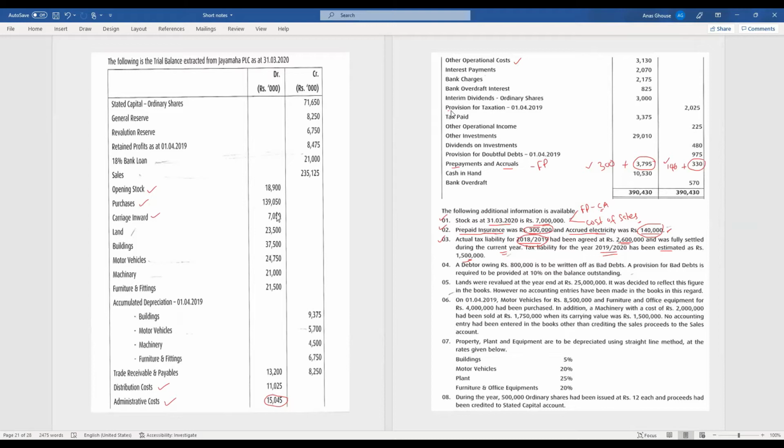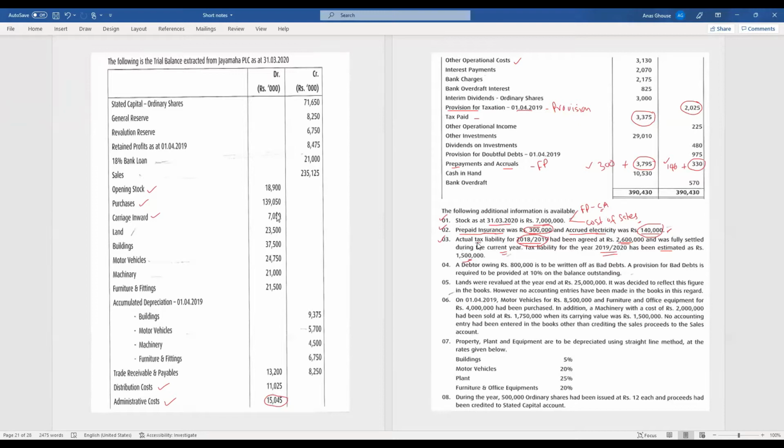So you are given the provision for taxation, opening balance, which means this was the previous year provision made. Okay, and tax paid during the period is 3,375. But according to this information, 2018-2019, which is for the previous period, had been agreed.